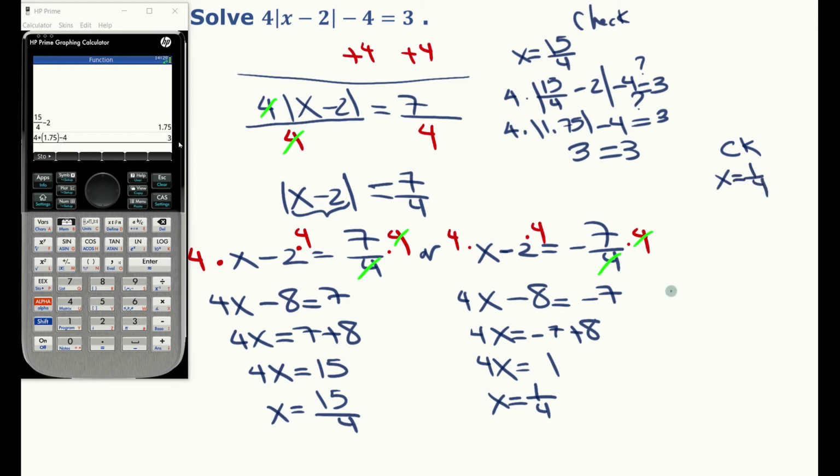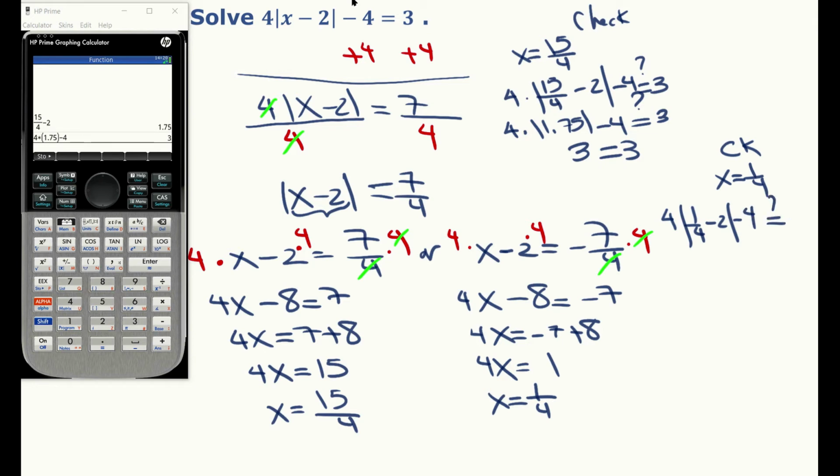And again, all we have to do is plug in 1/4 for x in the original equation. You always check the original equation because remember, what are you solving? You're solving the original equation, right? You don't want to plug it into any modified version of that. So 1/4 minus 2 minus 4.